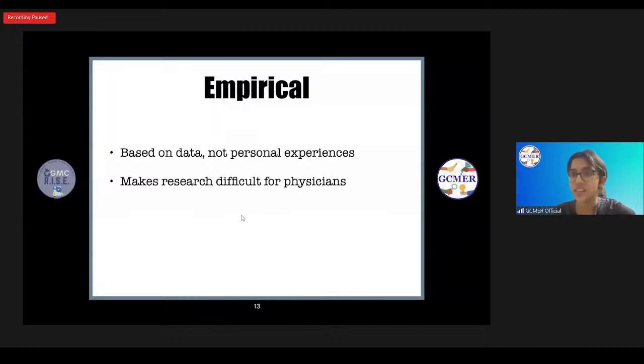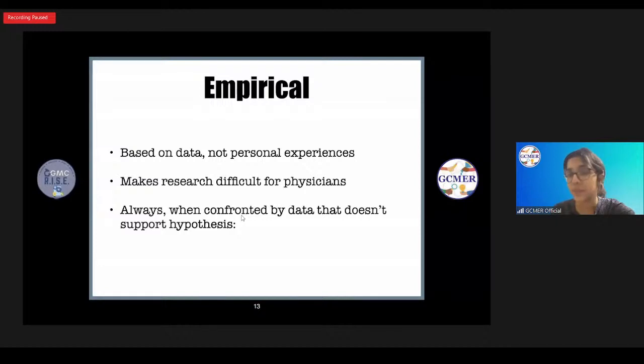As a scientist, if you have done BSc, MSc, then you're used to that world where you aren't jumping to conclusions based on anecdotes. But as physicians, we very often come across patients who might show a certain symptomology or come from this diagnosis to this conclusion based on multiple patients. But that might not be true according to data.